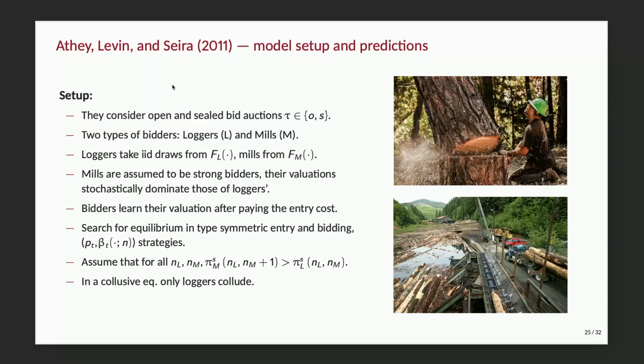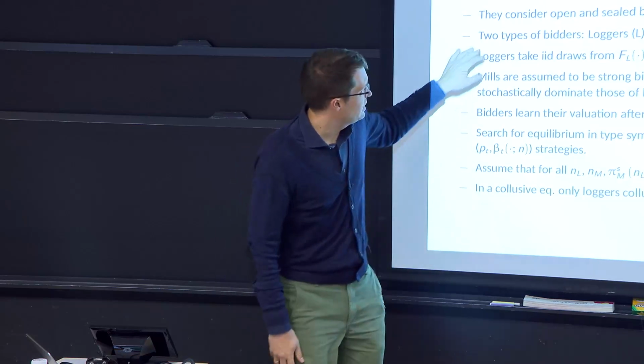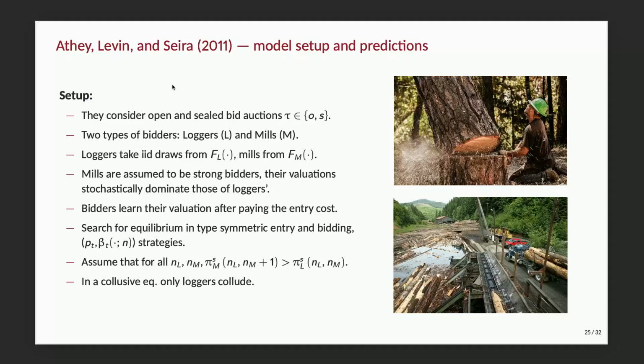Okay, so what they do is they write down a model that captures some salient features of this industry. One salient feature that I told you about is that the government uses both auction formats. So they actually have to think about equilibrium behavior both in open and sealed bid auctions. The other really salient feature is that there are loggers and mills.